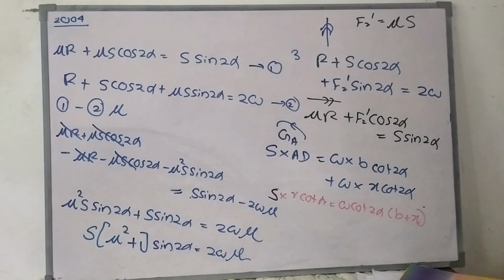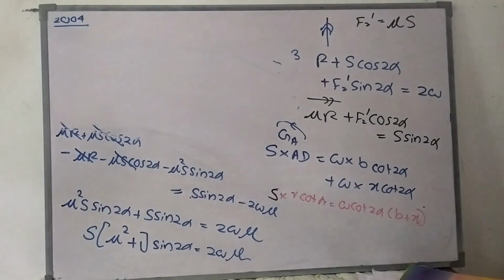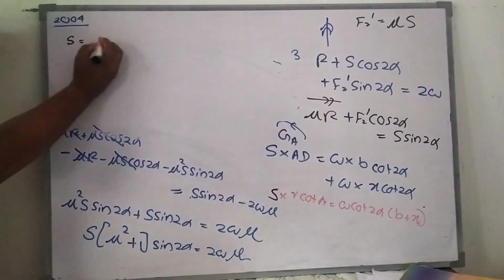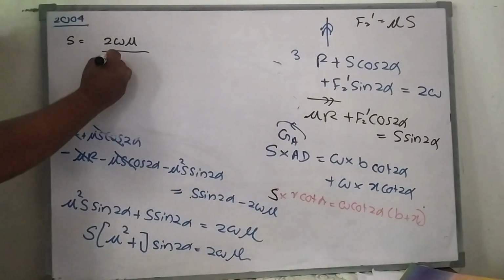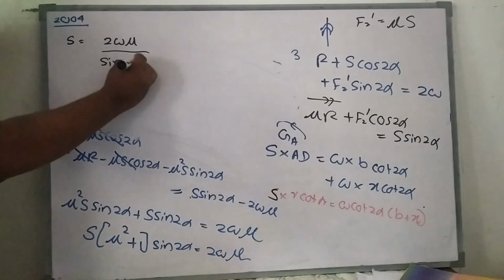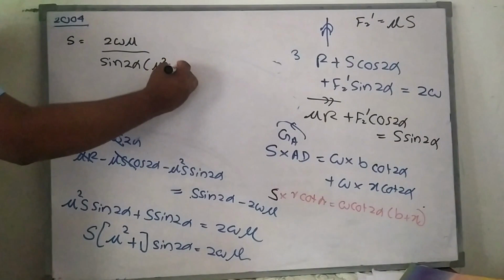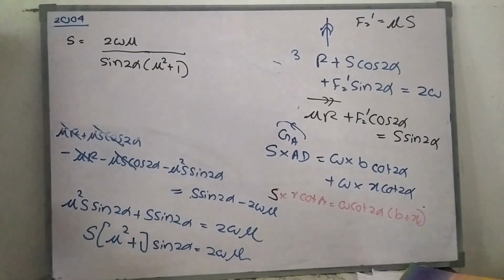So we can now substitute the S value into the main equation, sin 2 alpha with mu squared plus 1. Actually mu means tan lambda.